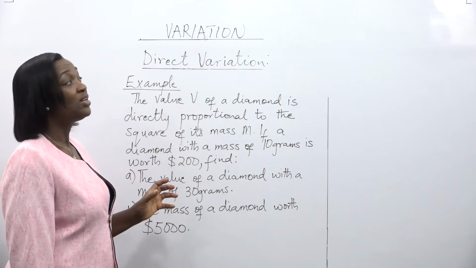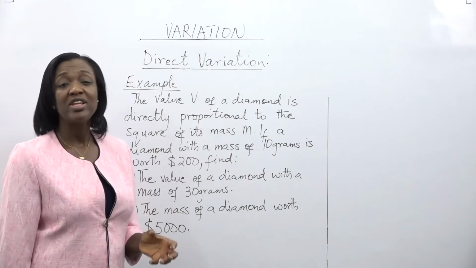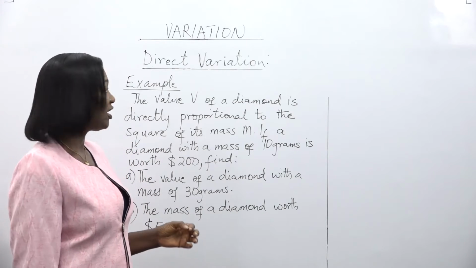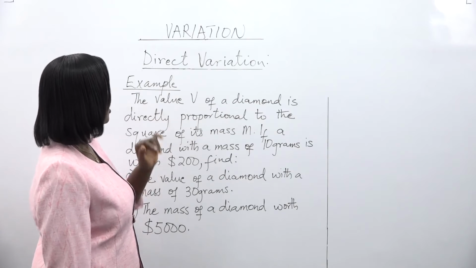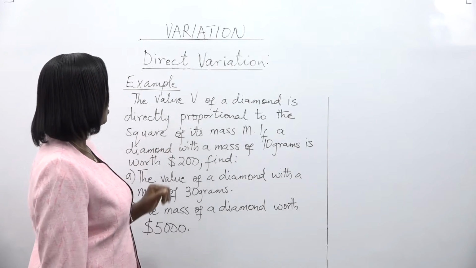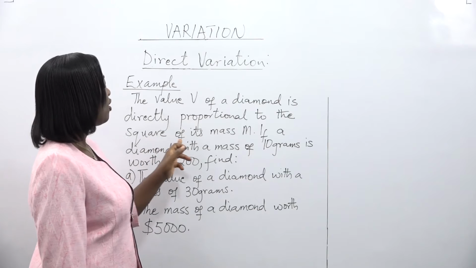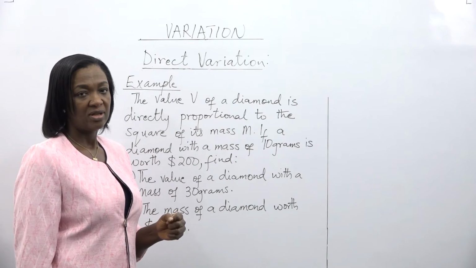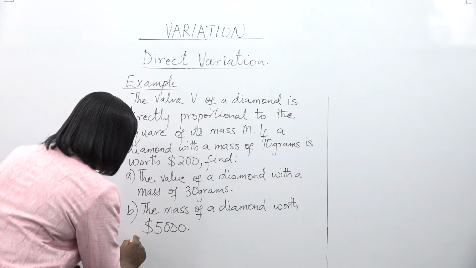The trick to doing variation is read the question and make sure you understand. What are the key words here? Value V, directly proportional to the square of its mass, M. Those are key words. So let's take the solution.